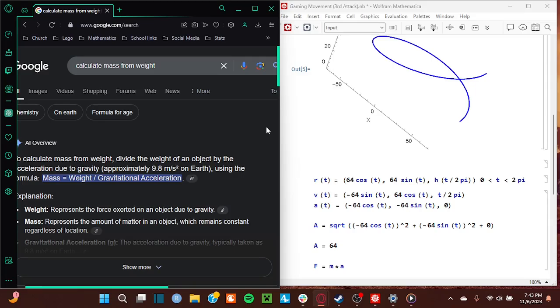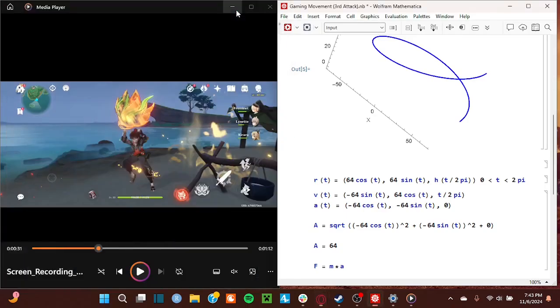In this case, with Genshin Impact, there might be some subreddit out there where some person has figured out exactly what the gravitational field is on planets of Teyvat. But for our purposes today, I will just be taking this measurement right here, the 9.8 meters per second squared, which is the gravity of the Earth.